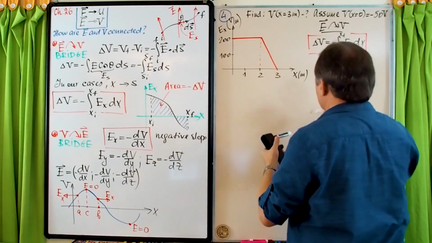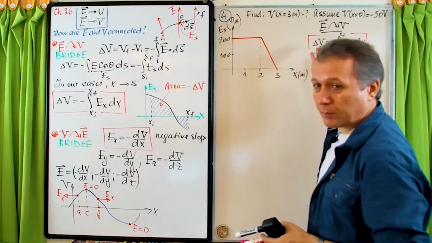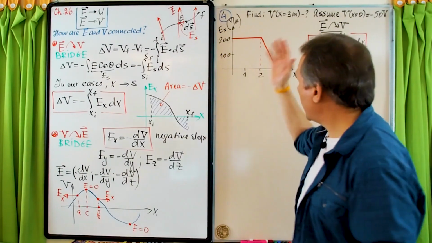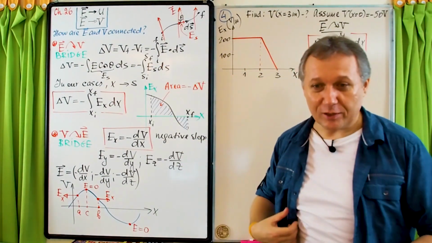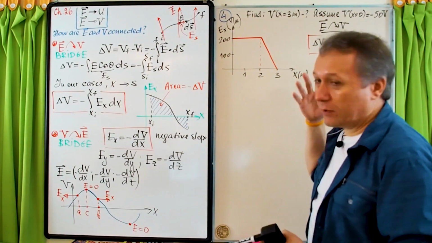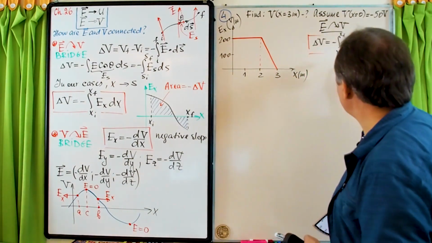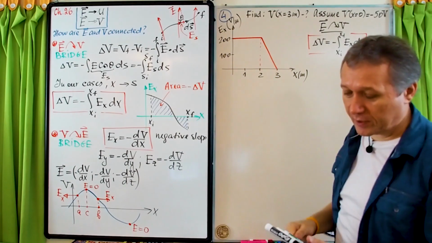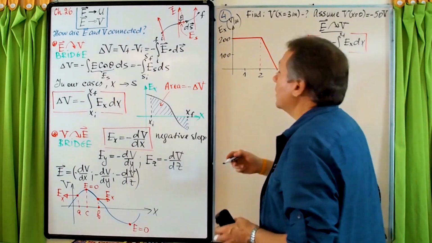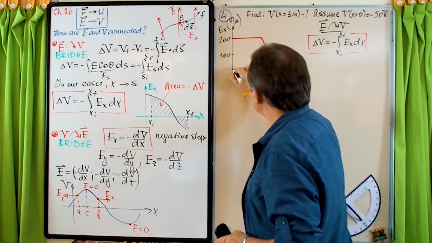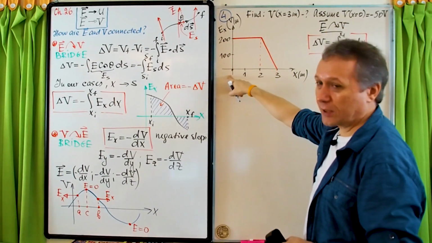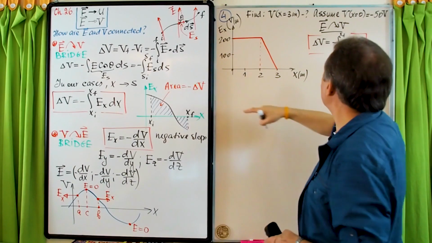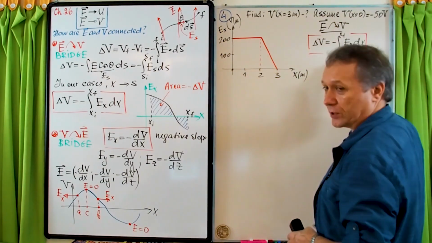Now, you can apply this for any situation, for any initial and final points, with no restrictions except that it's a one-dimensional case. So we have to decide which point to take as the initial point and which as the final point. Because some information is given about the electric potential at the origin, it makes sense to take this point as our initial point.